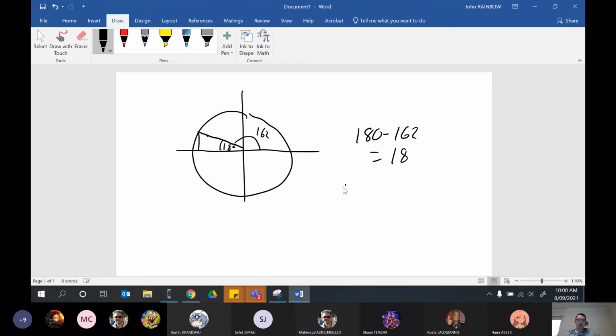If it was cos 162 degrees, I know that's going to give me a negative answer. My reference angle would be the 18 degrees in here, so I know that is equal to negative cos 18 degrees, because that would be the same length as that, except that's going to give me a negative coordinate, so that's why that's going to be a negative answer. This section here would just give me a positive answer, so I've got to put the negative in front to match it up with that.